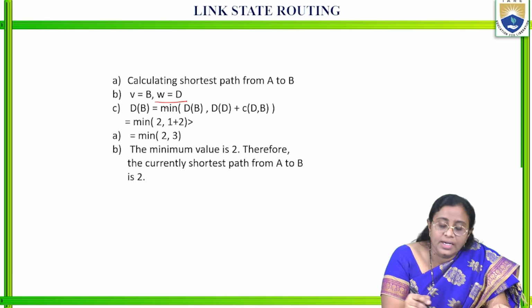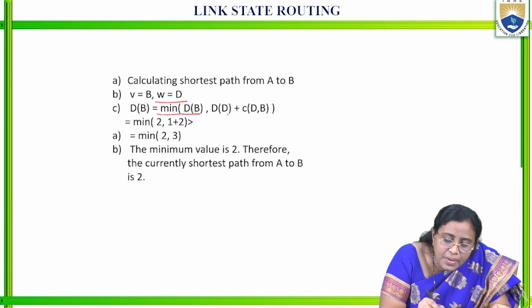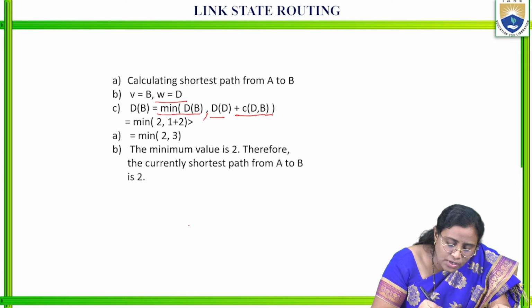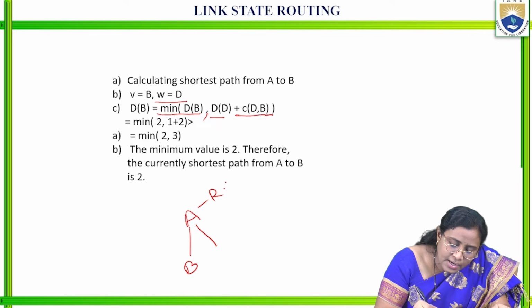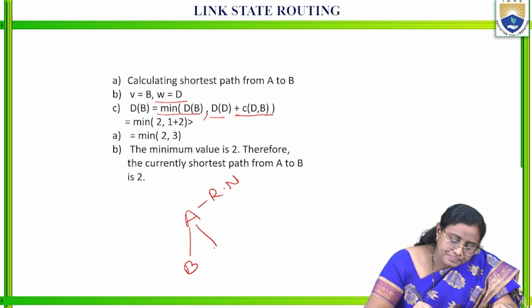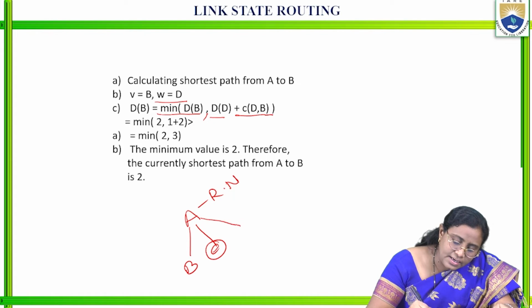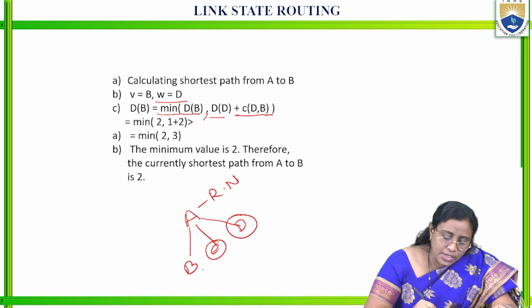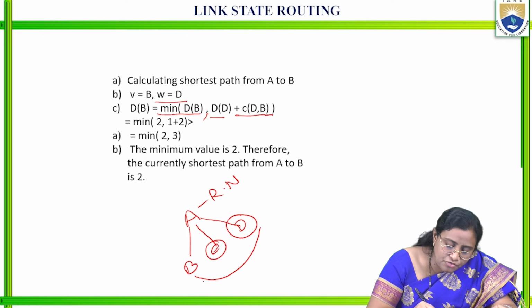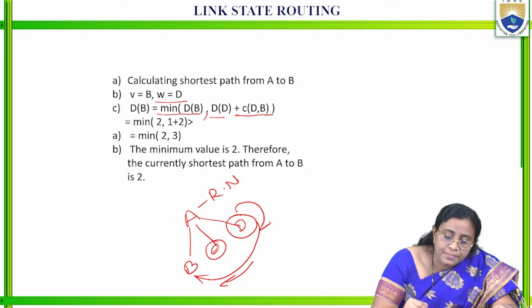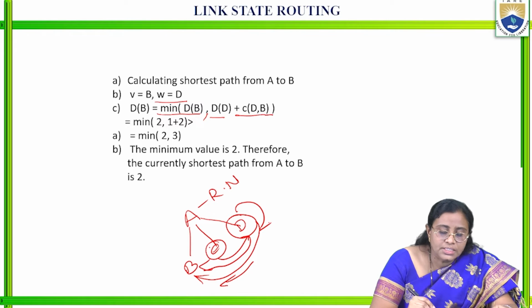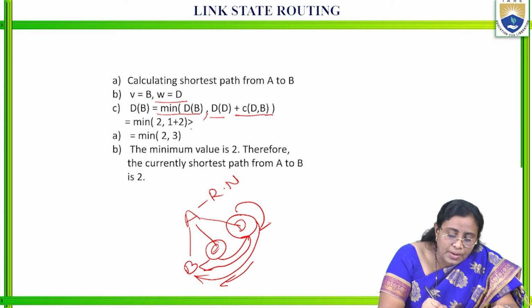So D(B) is equal to min of D(B) and D(D) plus C(D,B). As I already explained, A is the root node directly connected to B, C and D. So D(B) is equal to min of D(B), and D(D) plus C(D,B), which is min of 2 and 1 plus 2.